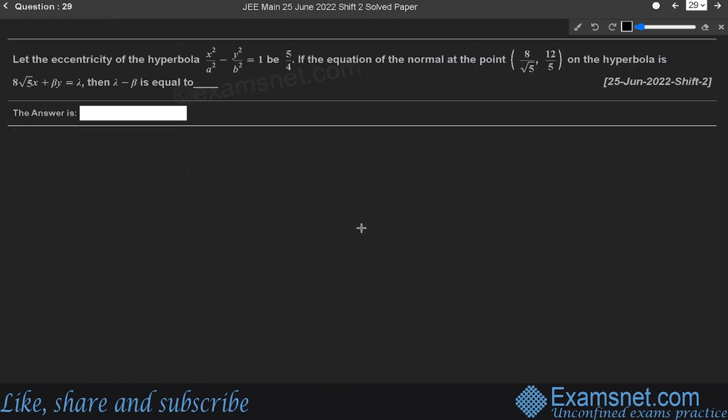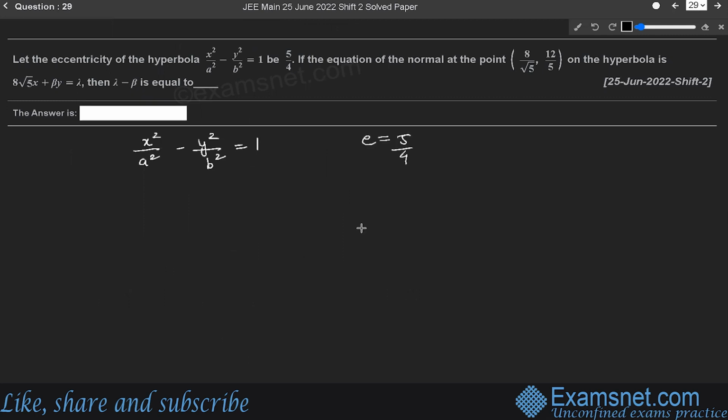Next question is, let the eccentricity of the hyperbola x square upon a square minus y square upon b square is equal to 1 be 5 by 4. So eccentricity is given, which is 5 by 4.